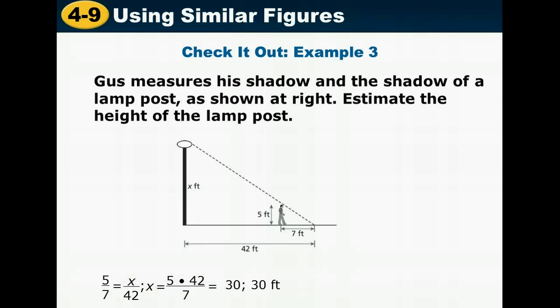And we could have also set it up differently. We could do x to 5, compare the heights. X to 5 is to 42 to 7, or we could have flipped them around.